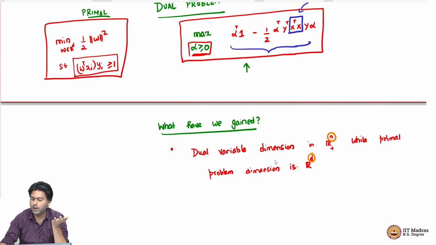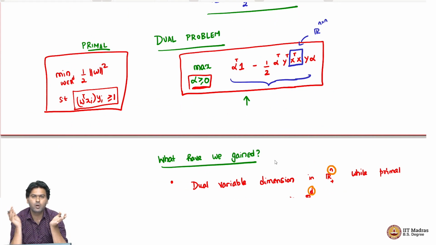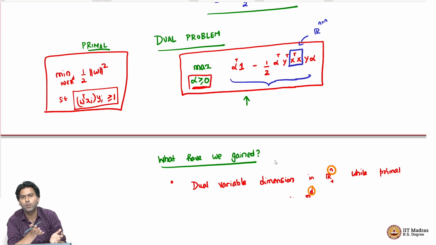which means, by looking at the primal problem, it was not at all clear that if the data was not linearly separable but was quadratically separable, how to solve that problem, because I'm looking for a line with a margin 1.